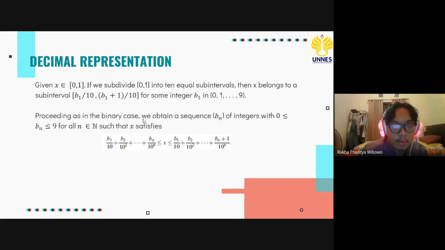Proceeding as in the binary case, we obtain a sequence (bn) of integers with bn between 0 and 9 for all n in the natural numbers, such that x satisfies b1/10 + b2/10^2 + ... + bn/10^n ≤ x ≤ b1/10 + b2/10^2 + ... + (bn+1)/10^n.